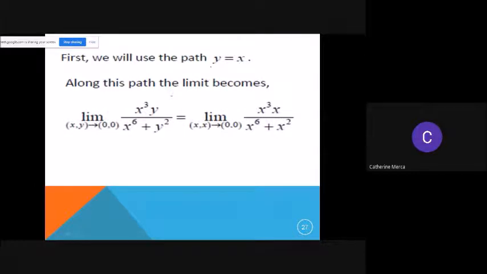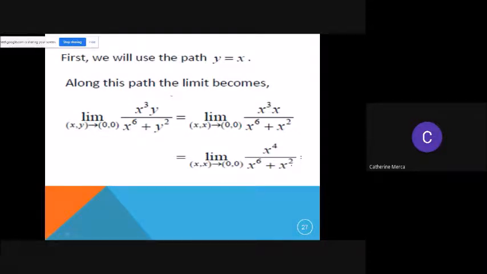When y is equal to x, as x approaches 0, you replace your y in x cubed y by x, and replace your y squared by x squared. Then you will have x to the fourth over x to the 6 plus x squared.